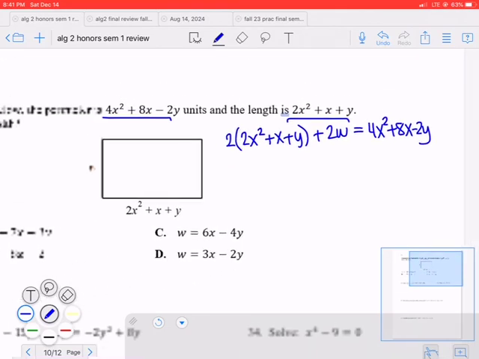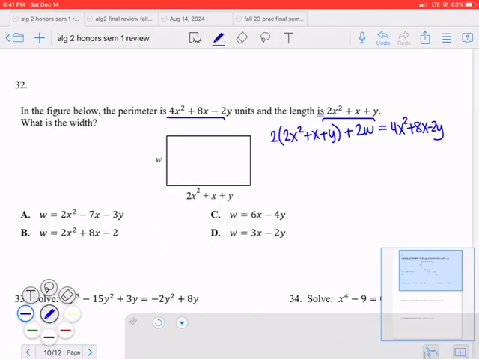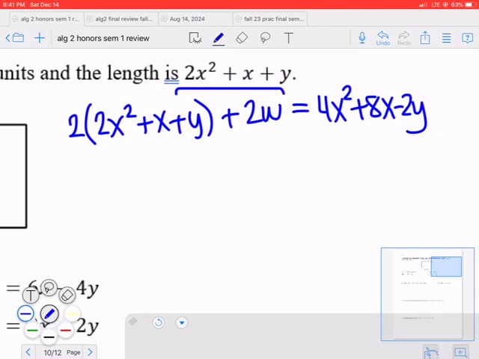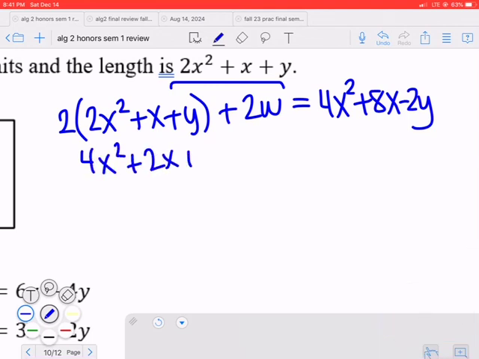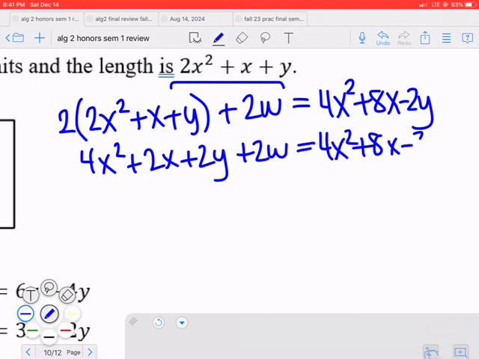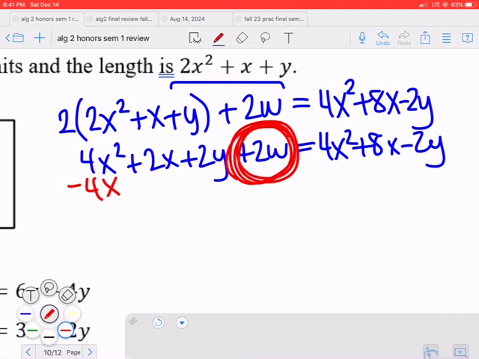So I'm going to solve this for w. So then we'll have w in terms of x and y. Distributing the 2, 4x squared plus 2x plus 2y plus 2w equals 4x squared plus 8x minus 2y. So now we're going to solve for w, so I need to get that alone.